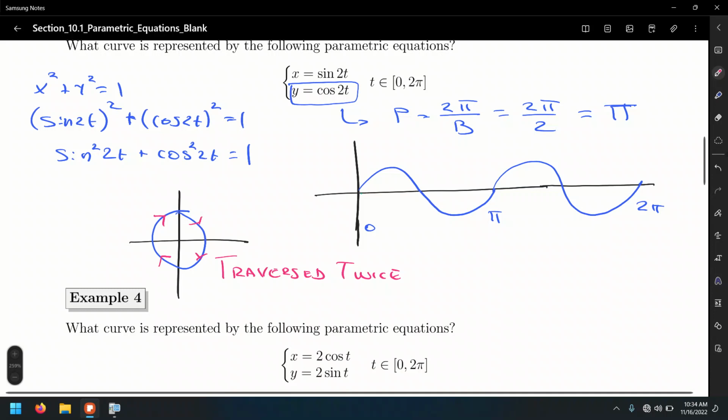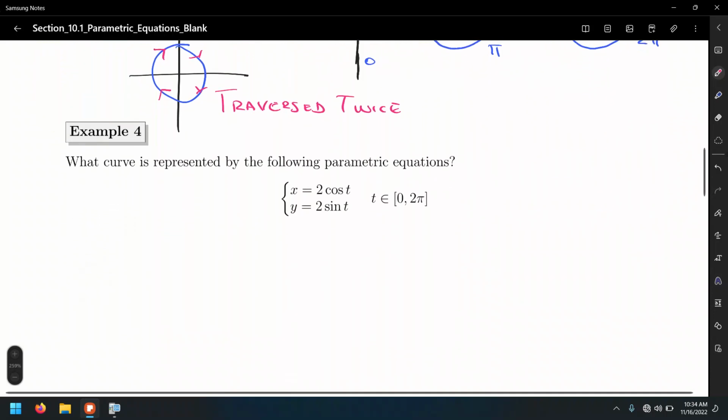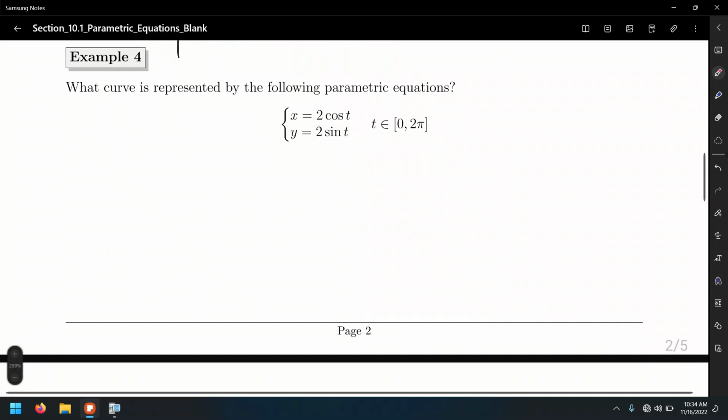All right, let's have a look at another example dealing with circles. So notice the coefficient 2, for example, number 4. The coefficient 2 is no longer inside of the angle of the trigonometric functions this time. It's rather in front of the trigonometric functions. That's the amplitude actually.